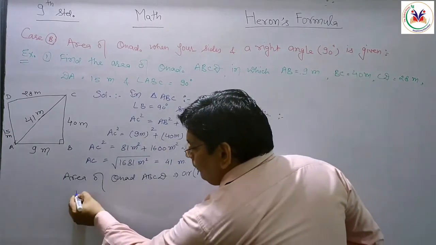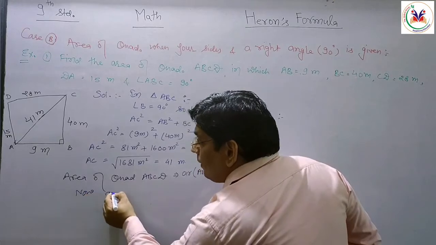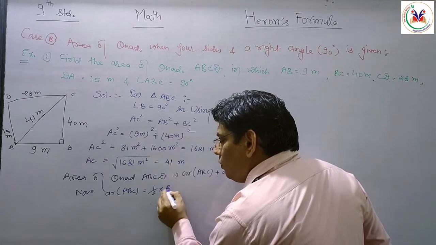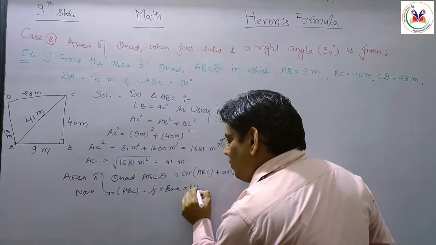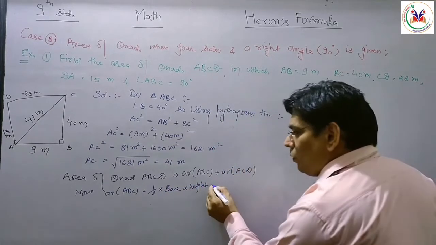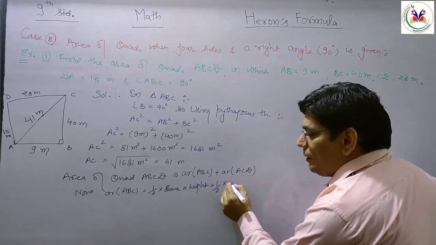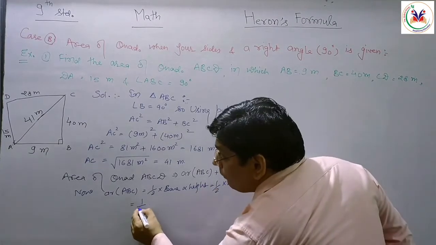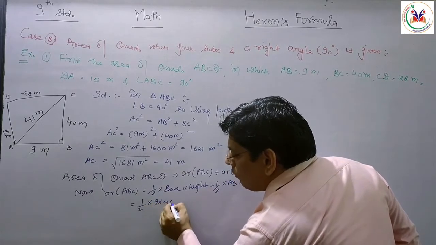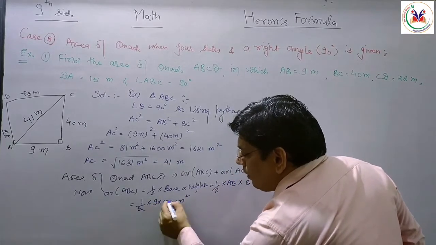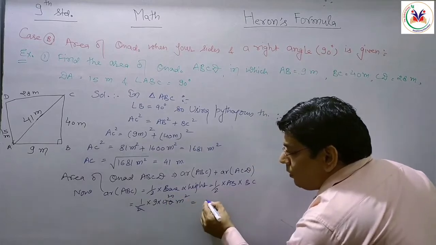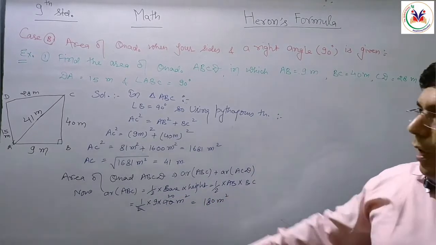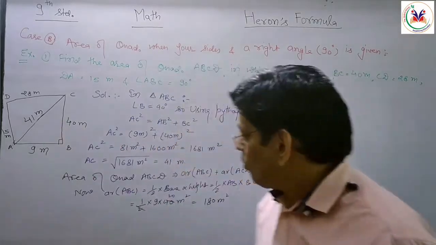Now, area of ABC half into base into height. So half base is AB and height is BC. So half into 9 into 40 meter square, that will be 20, you can get 180 meter square. Am I right? Now the half part has been solved.